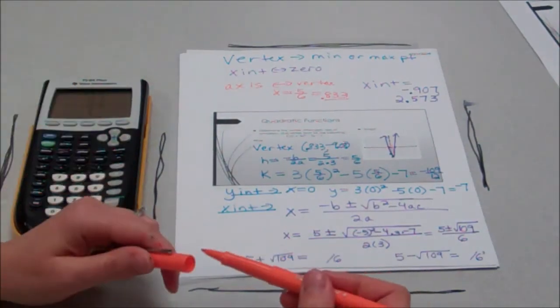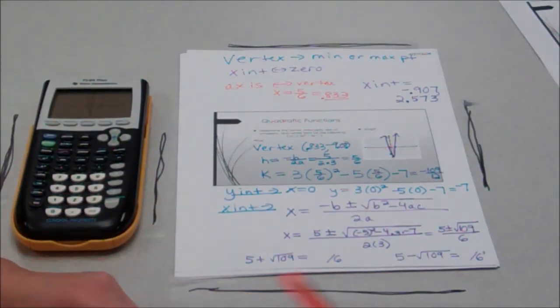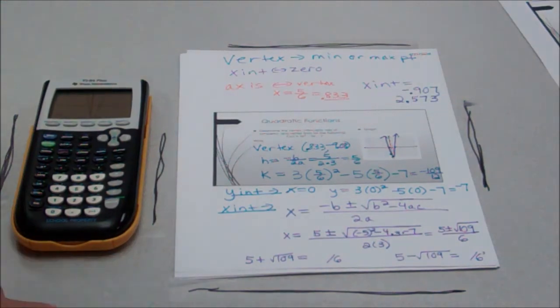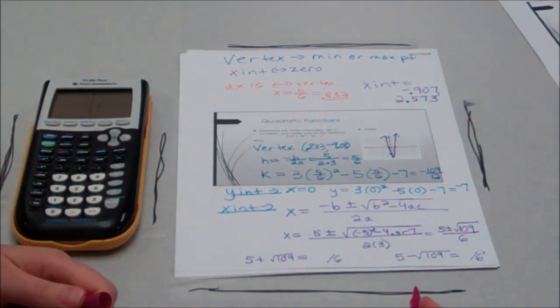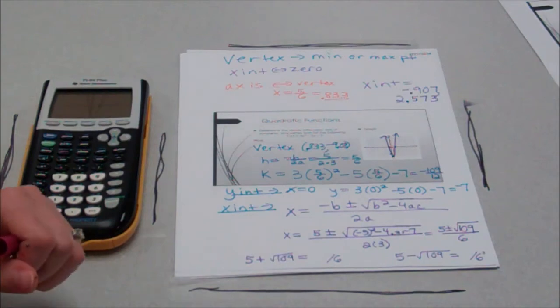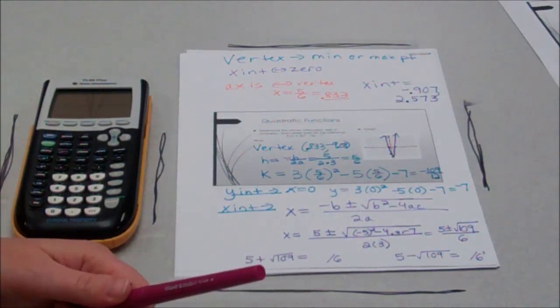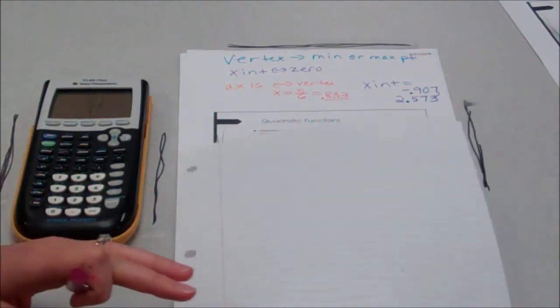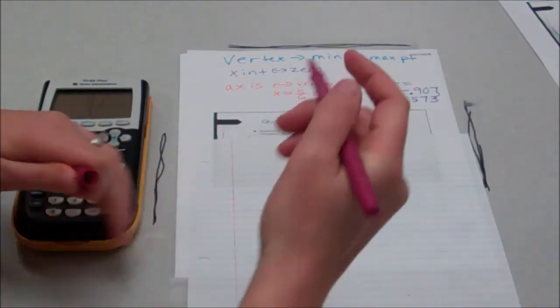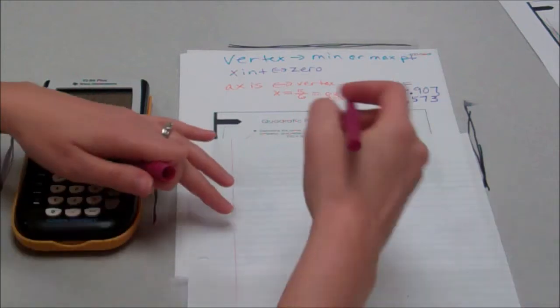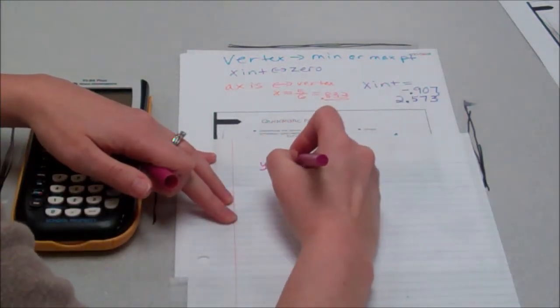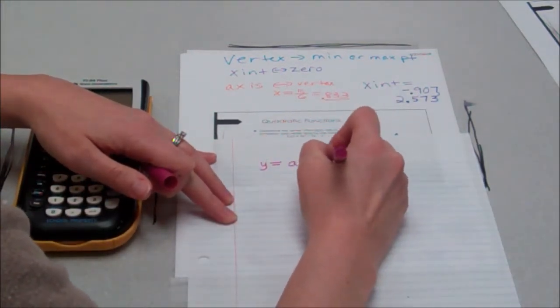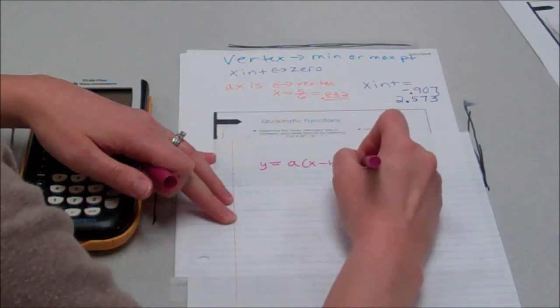The other thing that it asks us for is vertex form. I'm kind of running out of space, but I'm going to make it happen. Okay, we'll just put it on a piece of loose leaf paper. All right. So, again, go to your formula sheet. The vertex equation is y equals a times x minus h squared plus k.